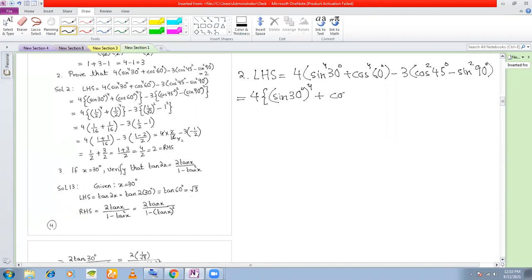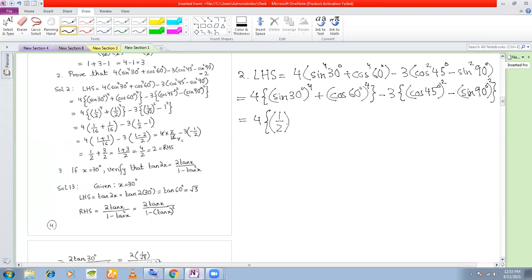And you can write cos to the power of 4 60 as cos 60 to the power of 4 minus 3 cos square 45 you can write as cos 45 degree square minus sine square 90 you can write as sine 90 degree square. Okay. Now sine 30 degree you know the value is half.